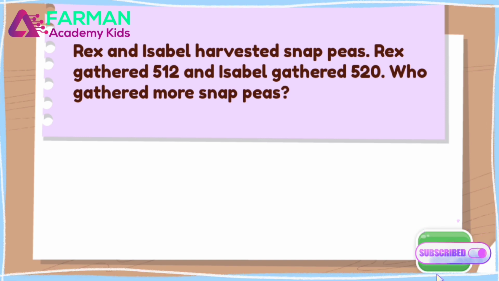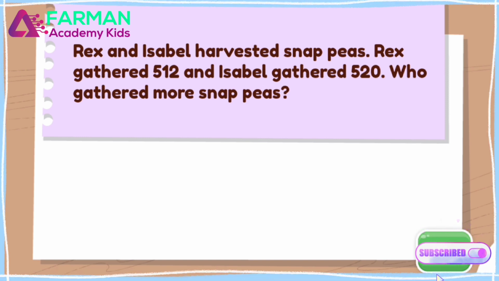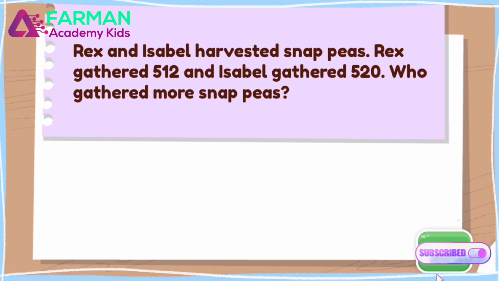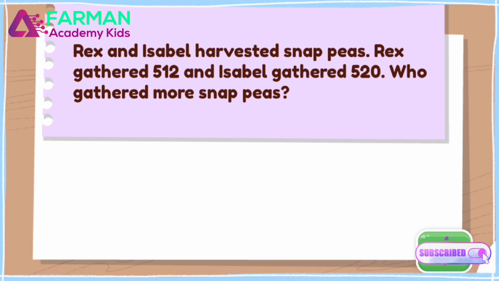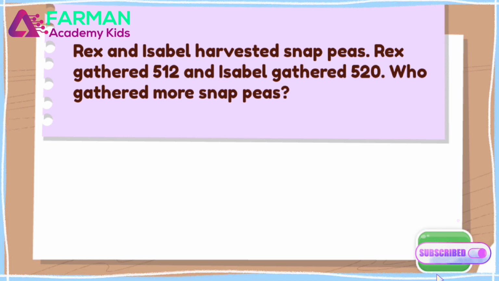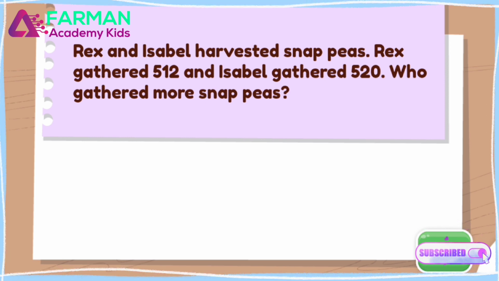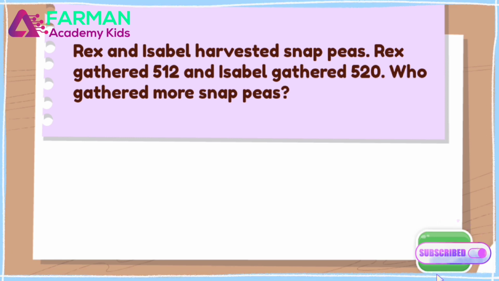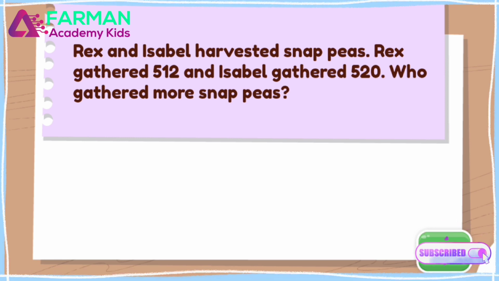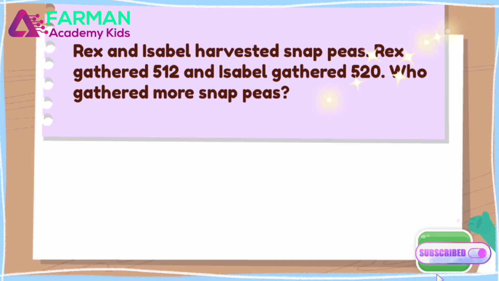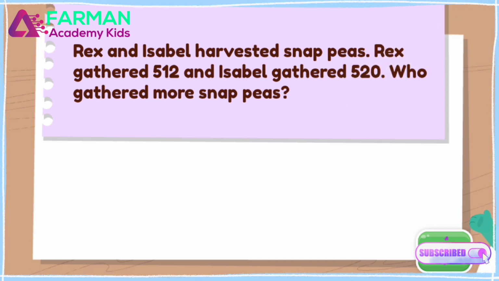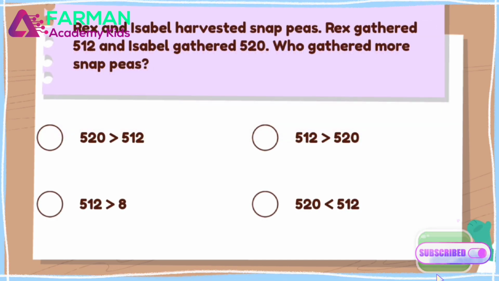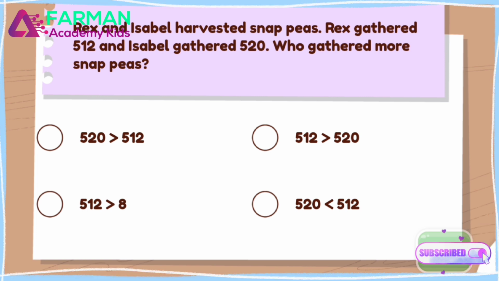Let's read the word problem. Rex and Isabel harvested snap peas. Rex gathered 512 and Isabel gathered 520. Who gathered more snap peas? Tap the green button next. Let's solve the word problem together. Tap the expression that matches the word problem.